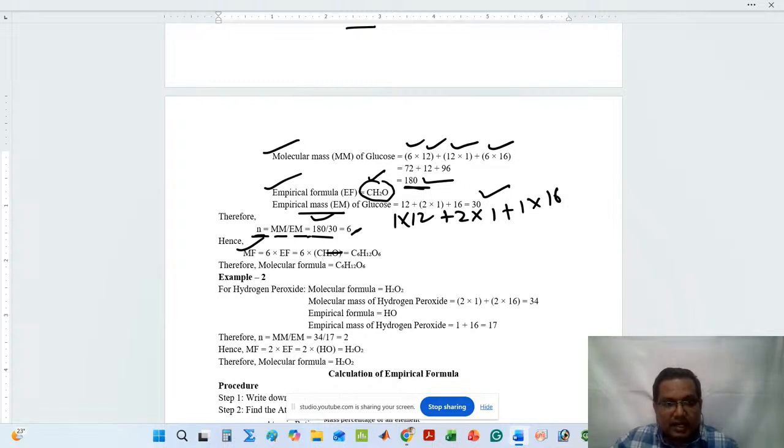So molecular formula equal to 6 into CH2O, that we can write as C6H12O6. Here we can justify that the molecular formula of glucose is C6H12O6.